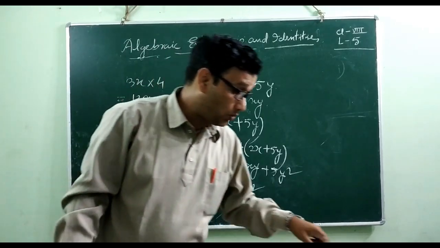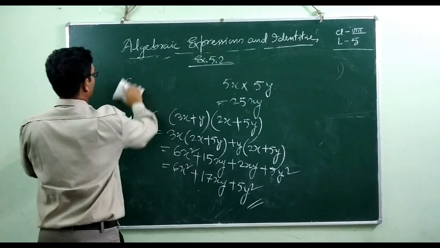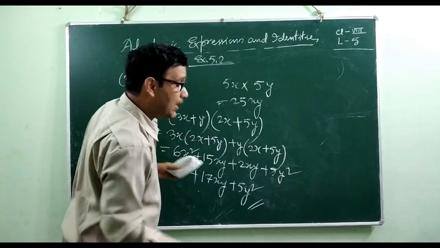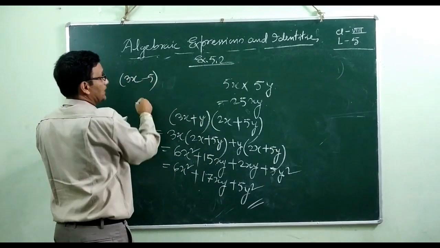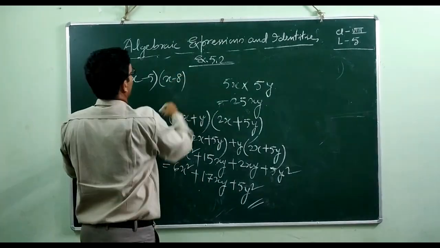Similarly, one more question. Suppose 3x minus 5 into x minus 8. How do we multiply this?